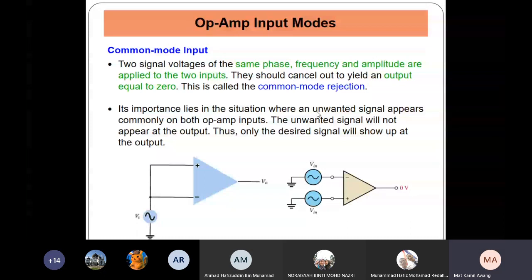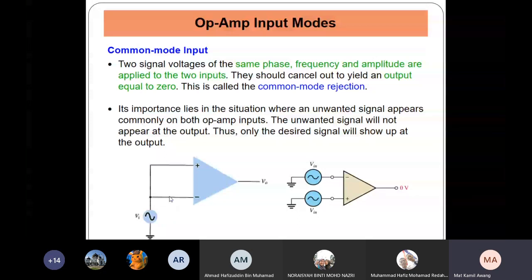Its importance lies in the situation where an unwanted signal appears commonly on both OpAmp inputs. Ideally, you don't have noise or an unwanted signal, so the signal is clean. But in a practical OpAmp, you have some noise riding on the signal.